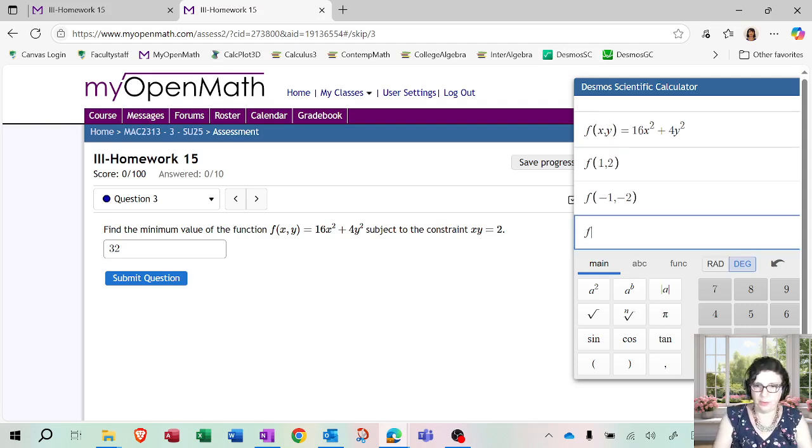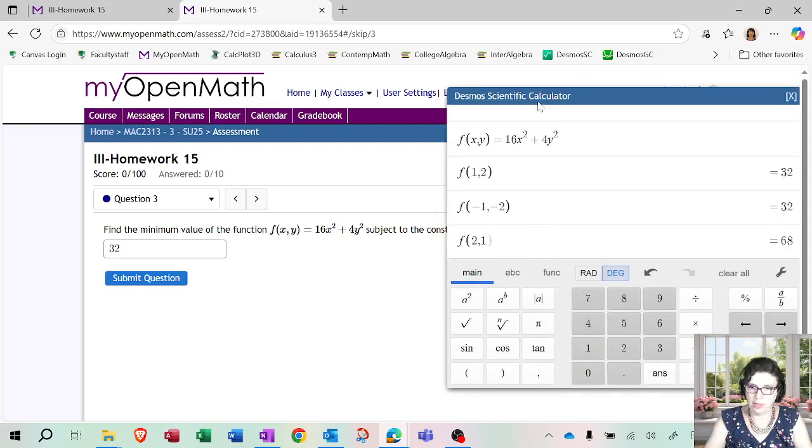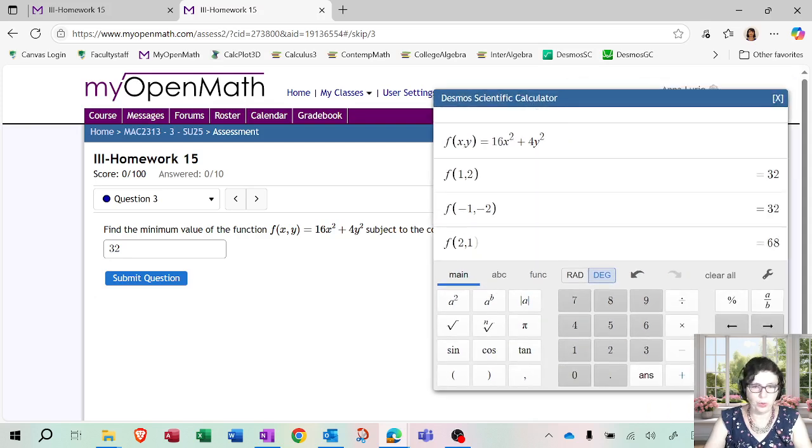For example, if x equals 2, then y will be 1, and it satisfies the constraint, and we can see that it's a larger value. So 32 is really the minimum. You can keep trying, but you already know it's not going to be a maximum because you just found a point that belongs to the constraint for which the value of the function is larger. So it has to be a minimum.